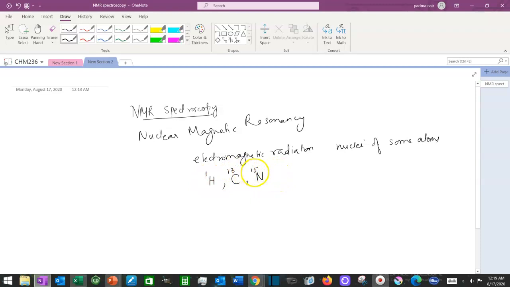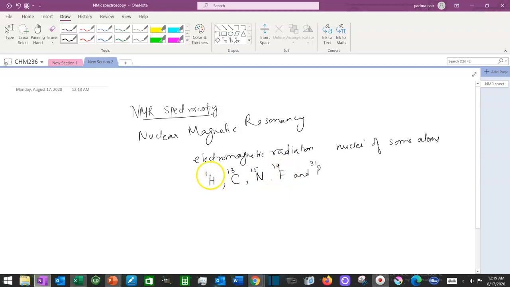Remember that these numbers stand for the mass numbers, because they have various isotopes. Fluorine 19 and phosphorus 31 are also NMR active.